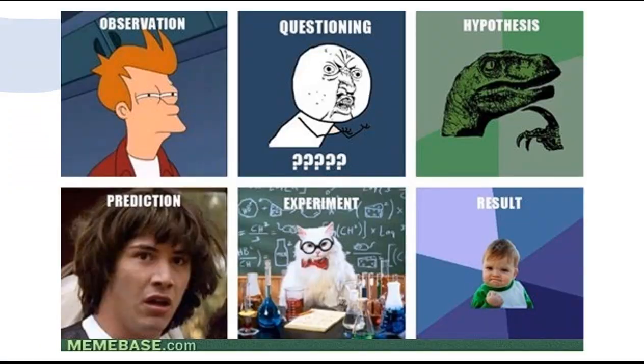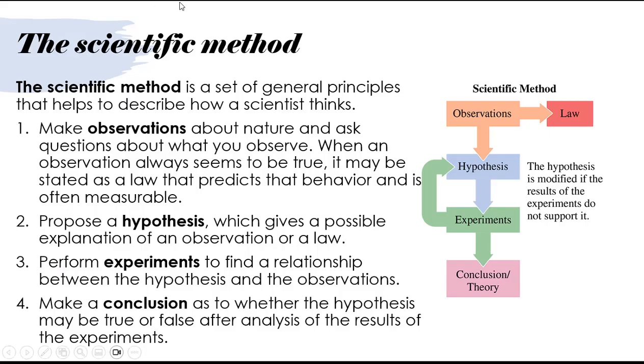So the scientific method, by definition, is a set of general principles that help describe how scientists think, right? It's not all inclusive and it's not linear, right? We can go back and forth in all different directions. But in the basic 4 steps, we're going to one, make observations about nature and ask questions about what you observe.